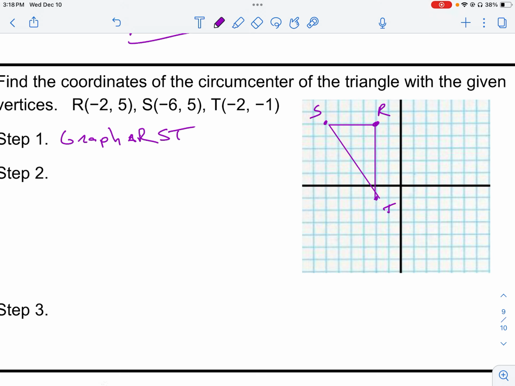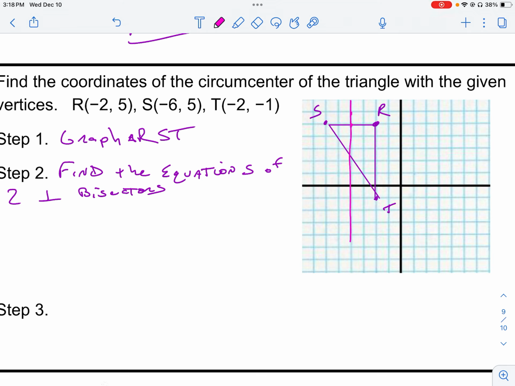Then we're going to find the equations of 2 perpendicular bisectors. And we only need 2 because where 2 meet, 3 are going to meet. Plus we have a right triangle on the grid line, so it's super easy. So let's find, so here's going to be the midpoint.